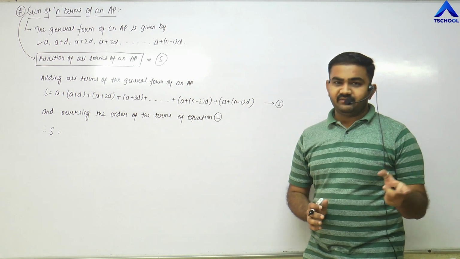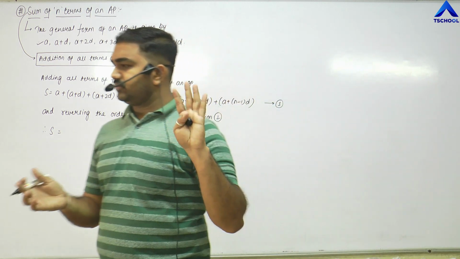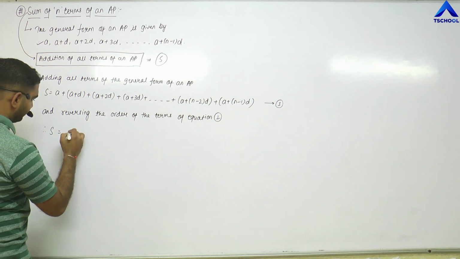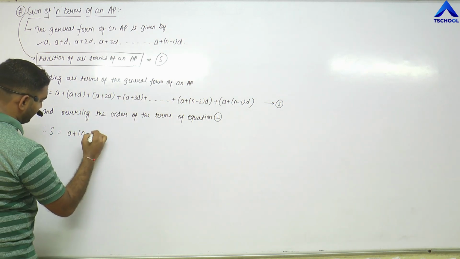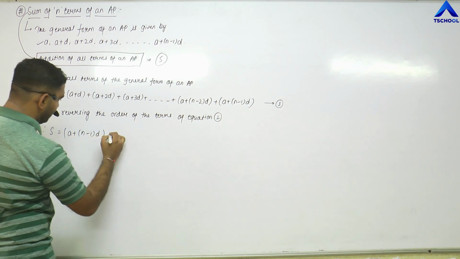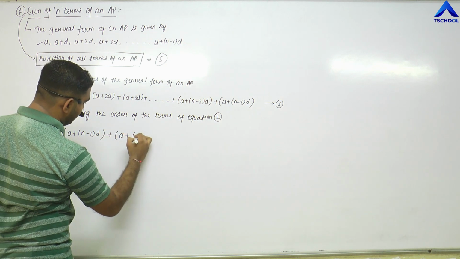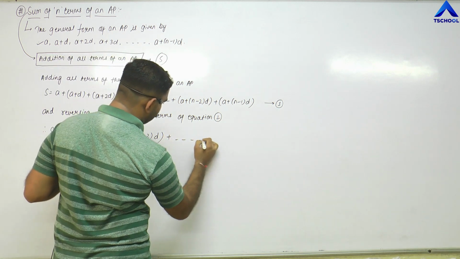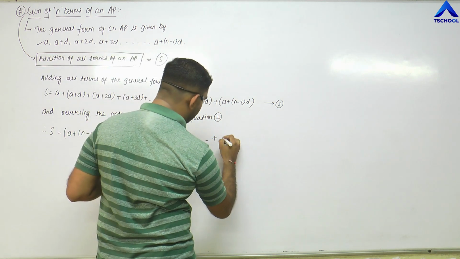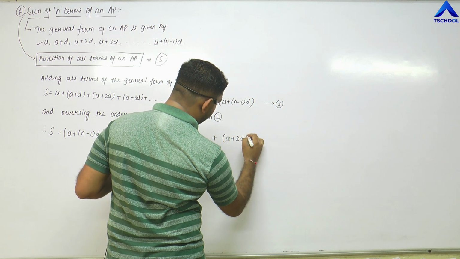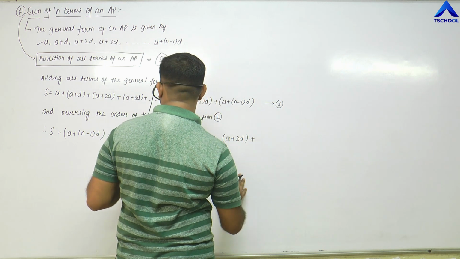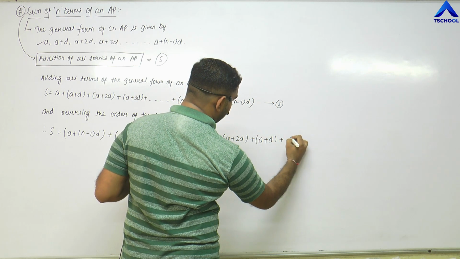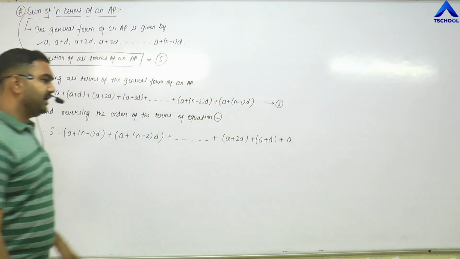So what we can write here is that now the reverse case is a plus n minus 1 into d plus a plus n minus 2 into d plus up to a plus 2d plus a plus d plus a, right?